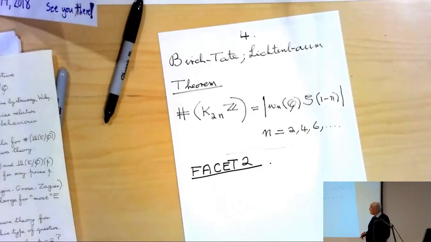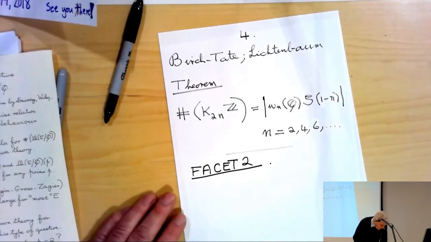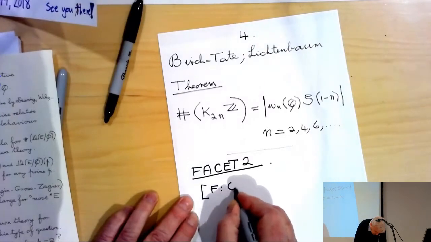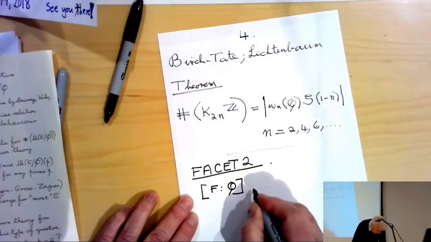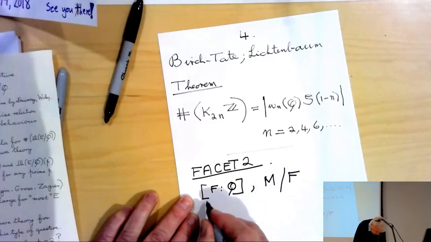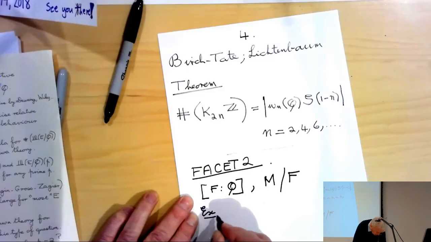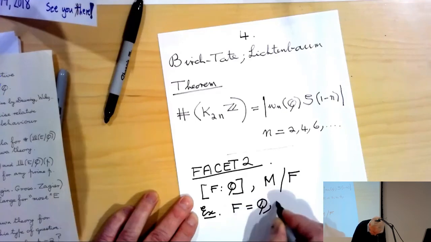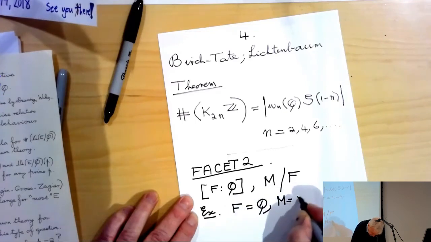Up until now, we were just looking at a Z_p extension of a number field and using its properties to study arithmetic questions. But now let's suppose, again, we have our extension F over Q, and I now have a motive M over F. For example, the example I'm going to talk about is to take F to be Q itself and M to be an elliptic curve.